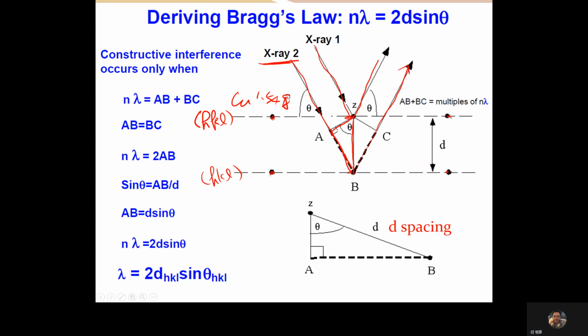The distance the X-ray passes through is AB plus BC, coming in and reflected. We can use this triangle to find the d-spacing, the interplanar distance between two of the same planes.